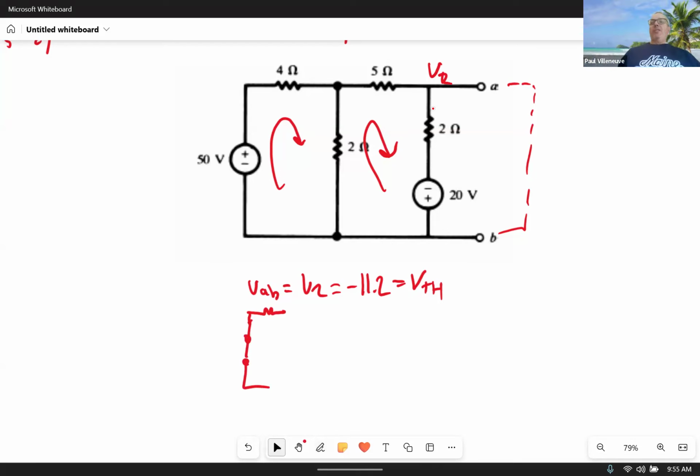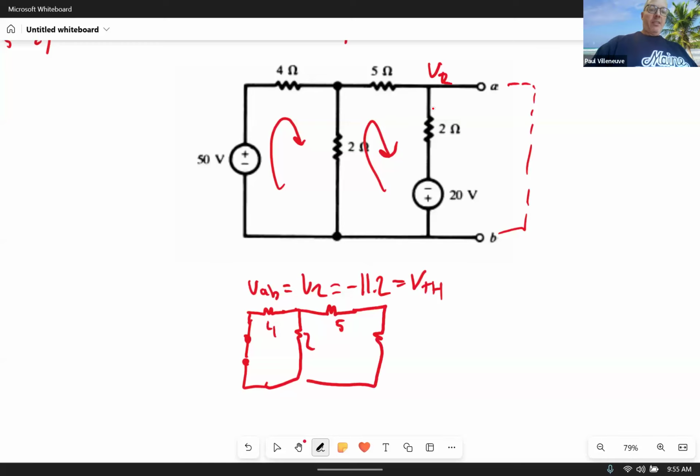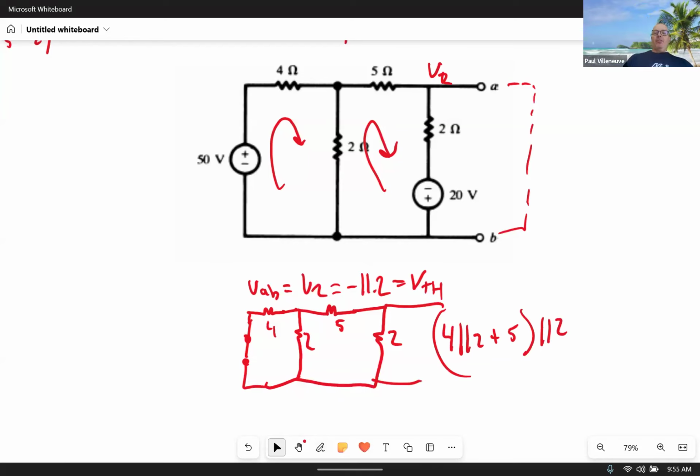And replace them with their internal equivalent input impedances. 4, 2, 5, 2, and then I do a bunch of series parallel combinations. So what I see, 4 in parallel with 2 plus 5, all that's in parallel with 2.